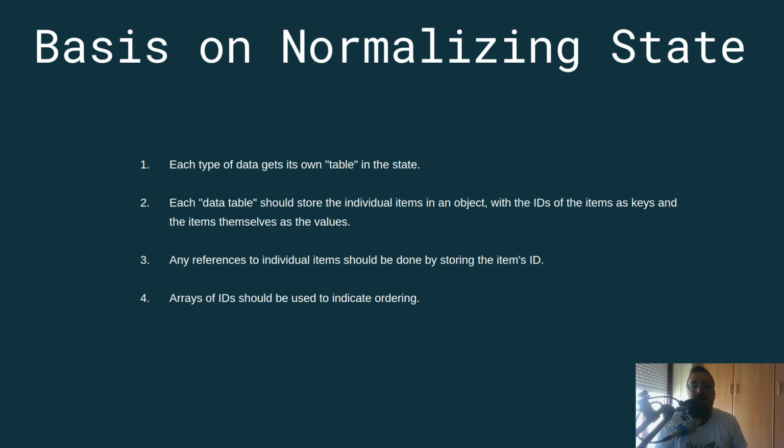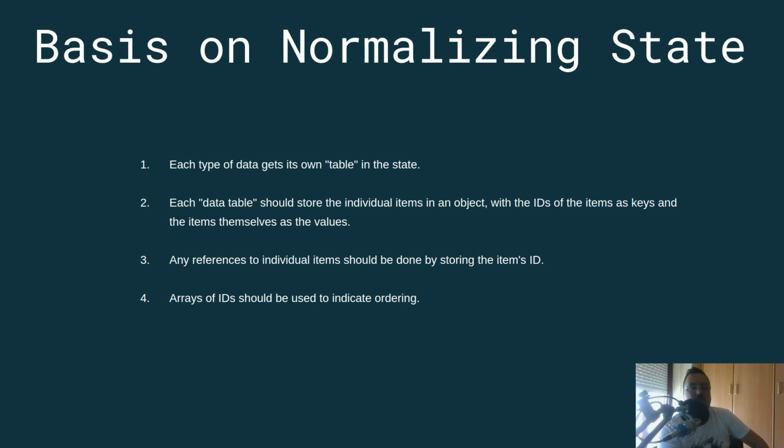Its data table should store the individual items in an object. So the items should be stored in an object, and the key of that object should be the ID of that item, and the object itself is the value. In this way, we can access by this one ID. And anytime we reference those objects from other parts of the state, we should be referencing them by ID.